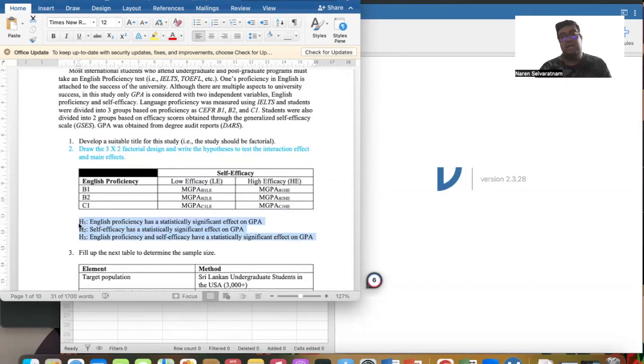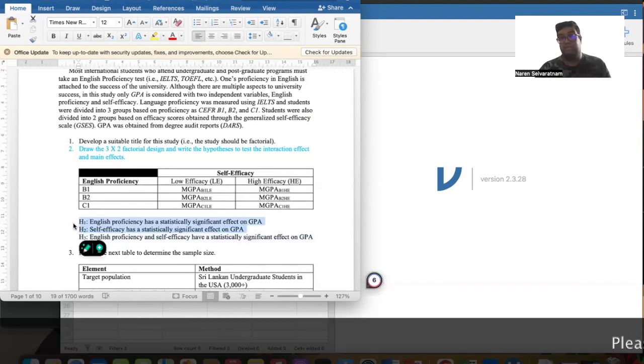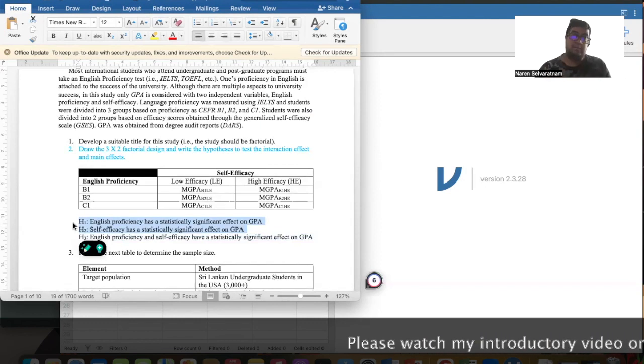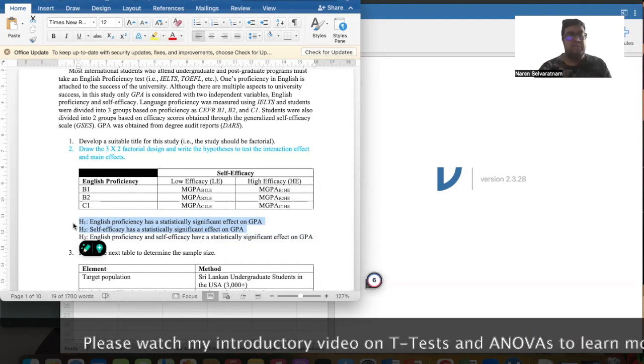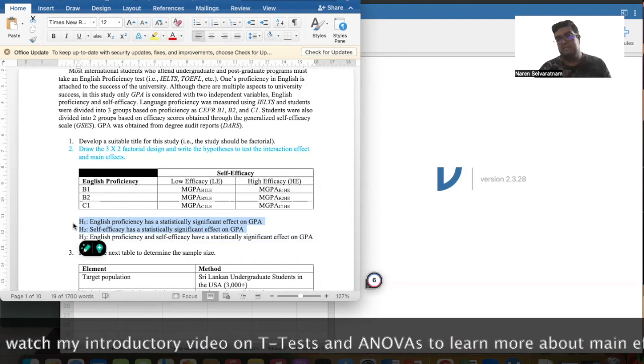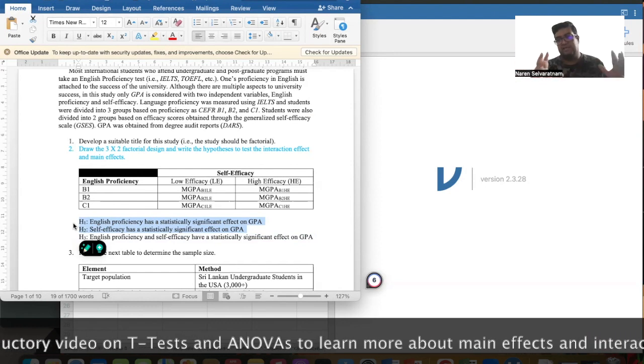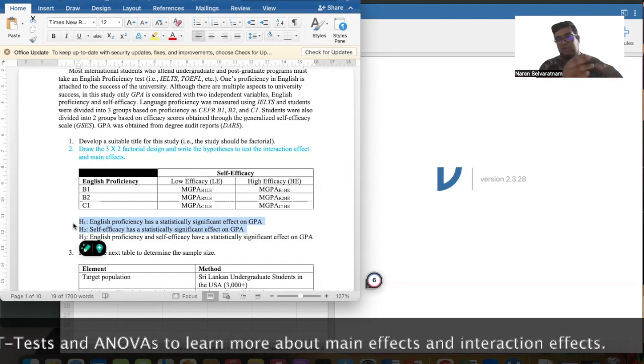Now, in a two-way ANOVA, there are interaction effects, main effects, and also simple effects. When you develop hypotheses, what I personally do is develop hypotheses for my main effects and also a hypothesis for my interaction effect. Some researchers display the interaction effect first and then go for the main effects.